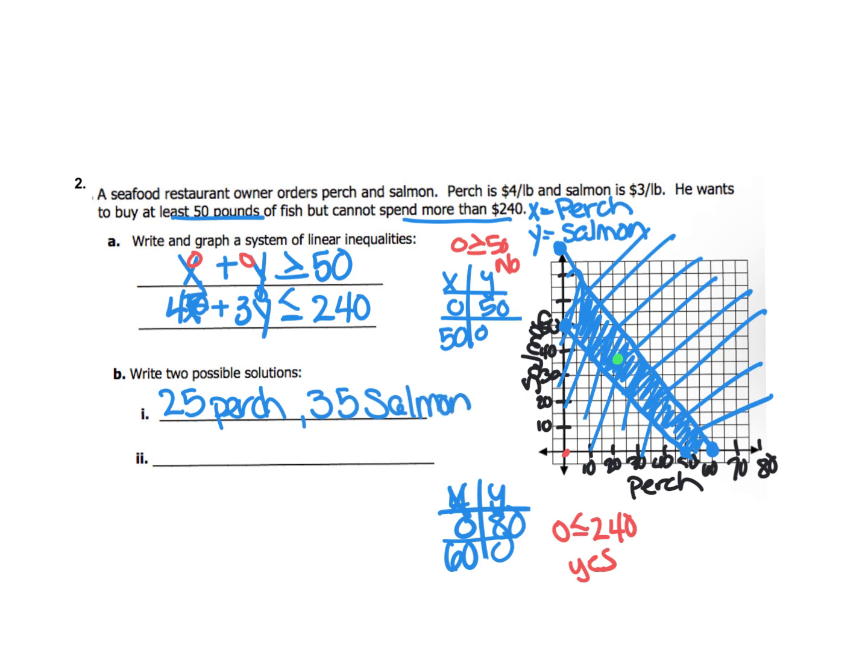And then let's say maybe 15 perch and 55 salmon, so somewhere right in here. Of course, there's way more solutions than that, but those are just a couple.